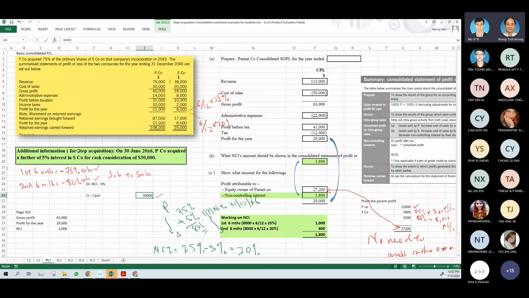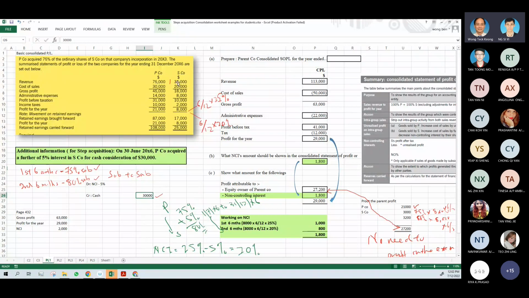So this is type 3. You really control 75%, you buy another 5%, you got 80%. Then you must find the NCI first. When we do the consolidation, we know 30th June is the middle of the year. But we don't care, we just add parent plus subsidiary.